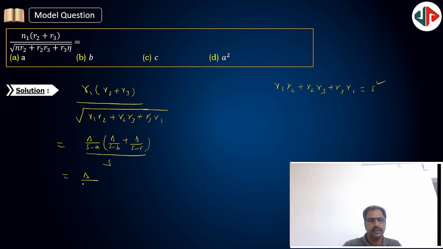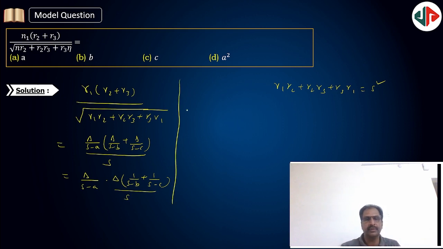So this is delta by S minus A. Take delta common in the remaining two terms. Then you get 1 by S minus B plus 1 by S minus C, all by S. And that will be equal to delta into delta, delta square by S into S minus A. Take the LCM here.